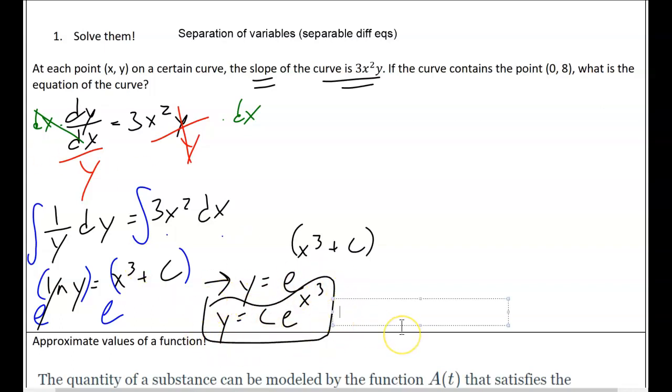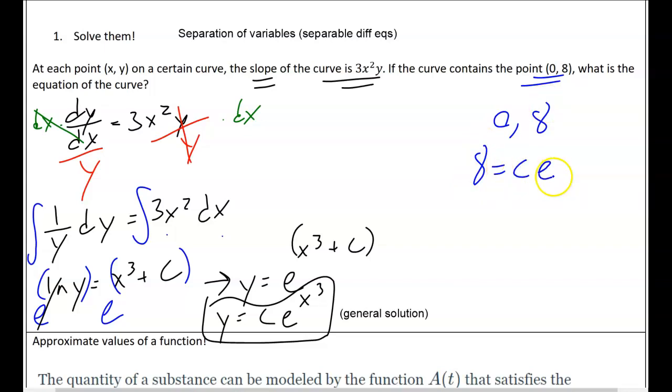Okay, so there is my solution. This, by the way, is called the general solution. So it's a solution to our differential equation with the c in it. It would give us a big slope field like we saw on the front. My particular solution, well, I have this point (0, 8) that I didn't use at all. So (0, 8) would give me 8 equals c e to the 0.